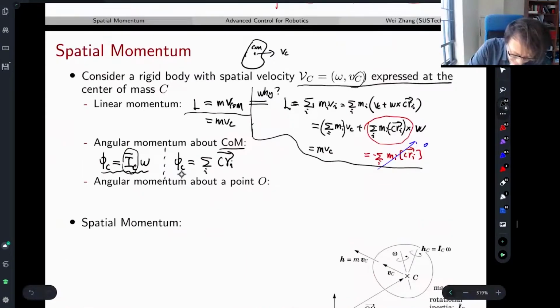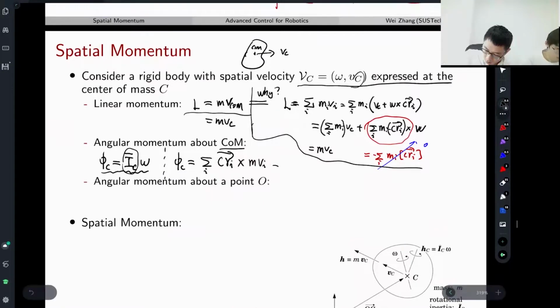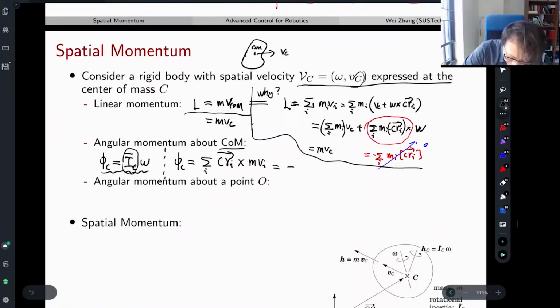Here I have C because it's about the center of mass, so the vector from the center of mass to Ri, cross the linear momentum of that particular point mass, which is mi vi. So this equals the summation of CRi cross, using this formula again, mi VC plus mi omega cross CRi.